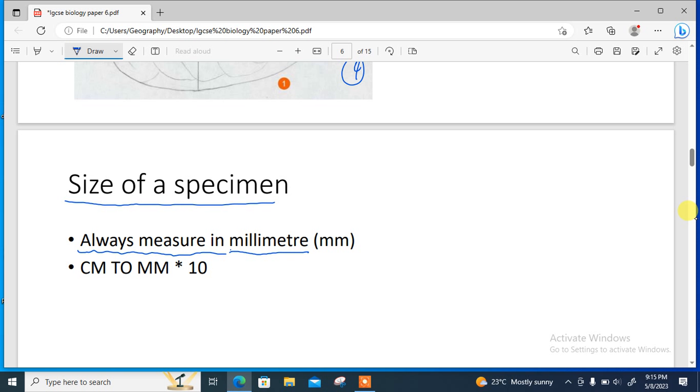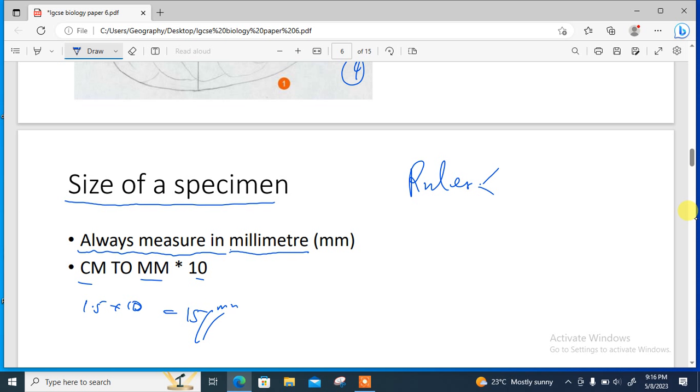And if you don't have a millimeters ruler as you're going to the exam tomorrow, try to get a ruler that measures in millimeters. The major reason is, sometimes you know that to convert from centimeters to millimeters, you just multiply by 10. So if you have 1.5, you want to convert to millimeters, you multiply by 10, which will give you 15 millimeters.